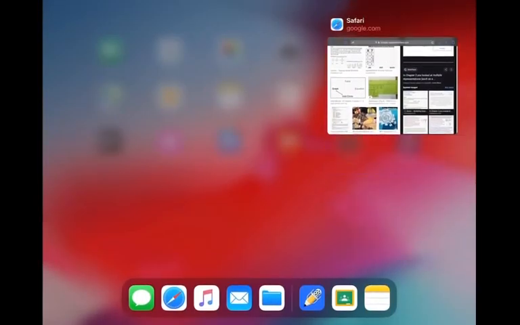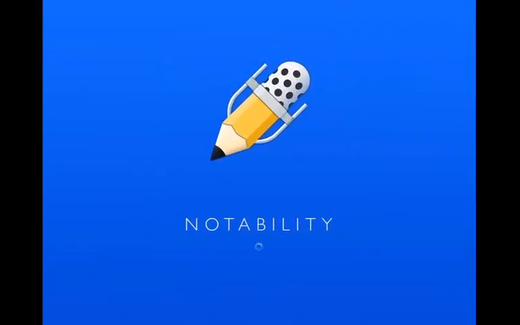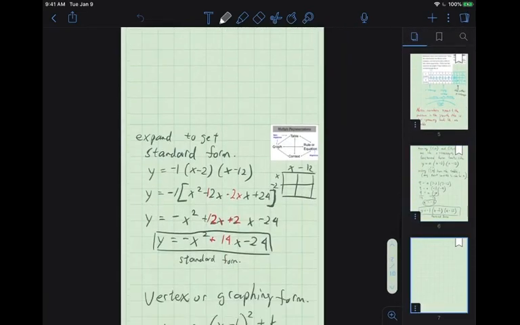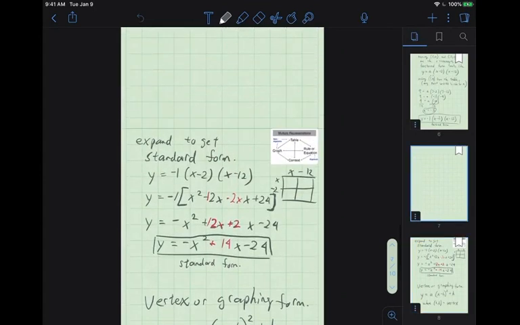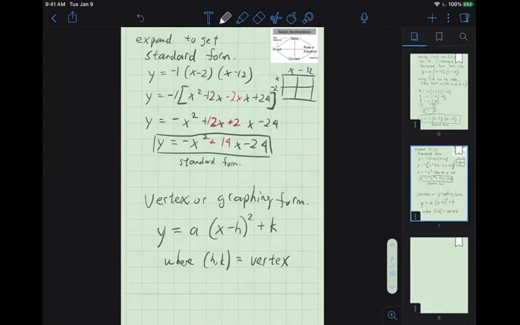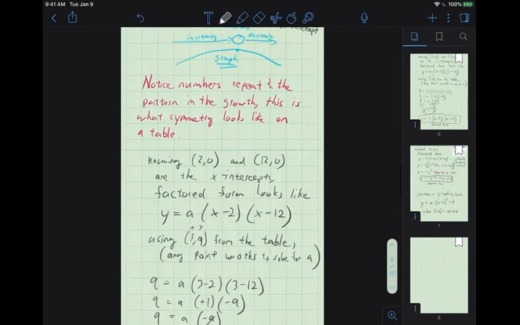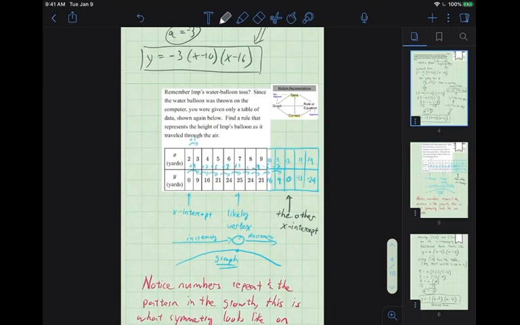Okay, down here. Because from this problem, we already knew the vertex, right, from the table. We know that that's right here.